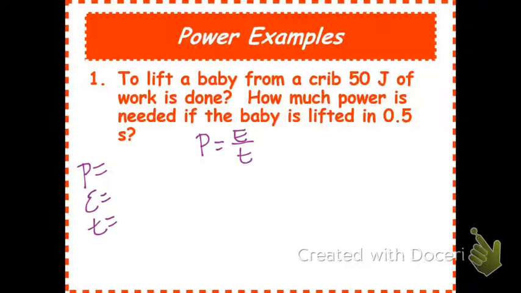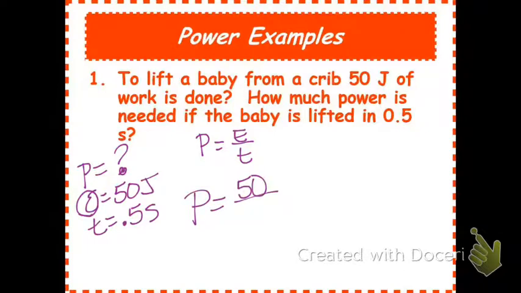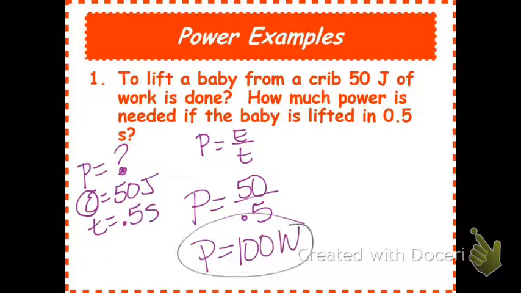Now we said the energy could also be work. So we have 50 joules, and 0.5 seconds is time. So we're solving for power, which is what the question is asking for. So P is equal to 50 over 0.5. If we use our calculator, 50 divided by 0.5 is 100. So that's going to be 100 watts.